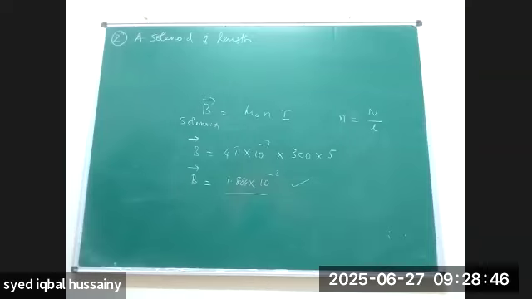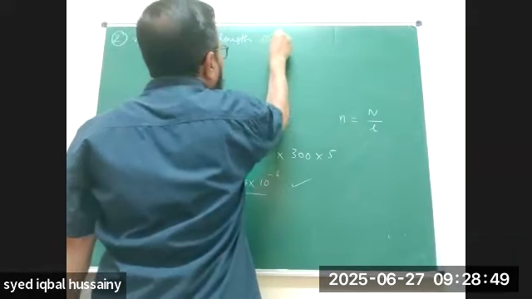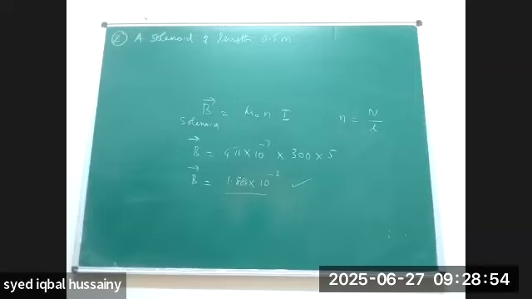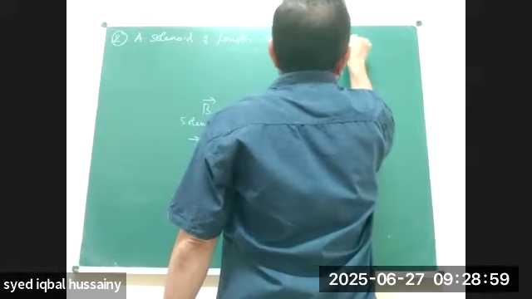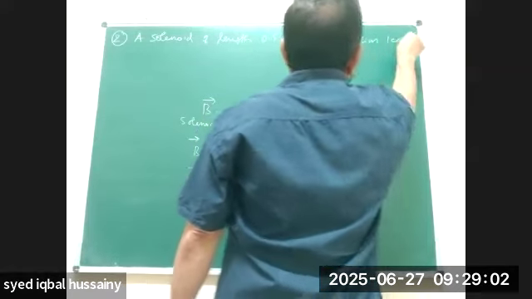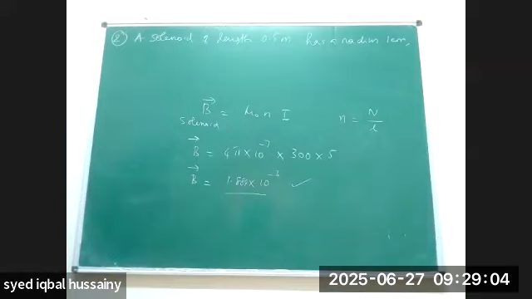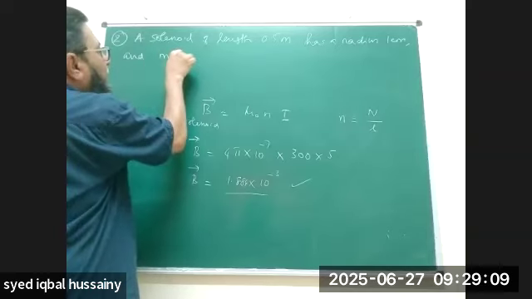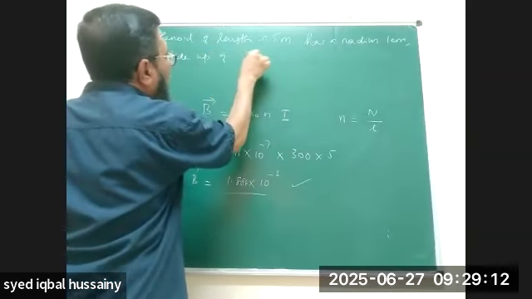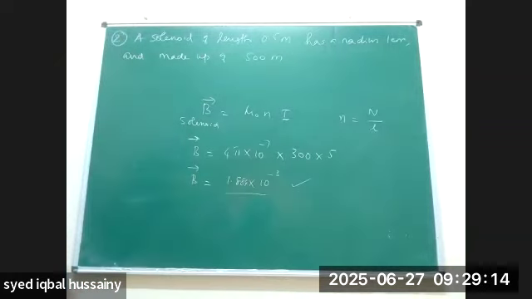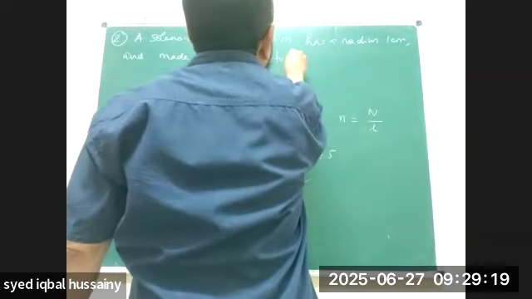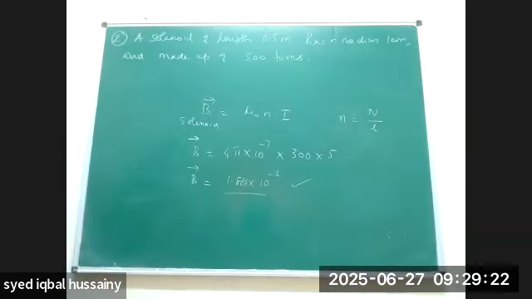Then do this numerical. A solenoid of length 0.5 meter has a radius of 1 centimeter and is made up of 500 turns.